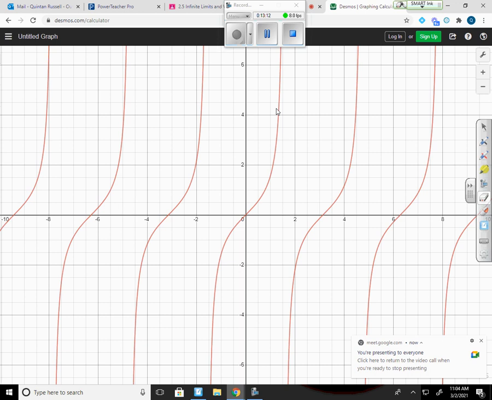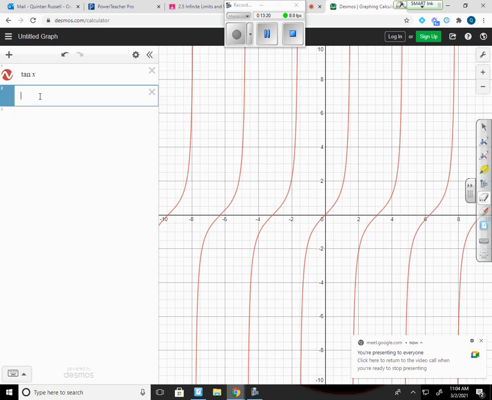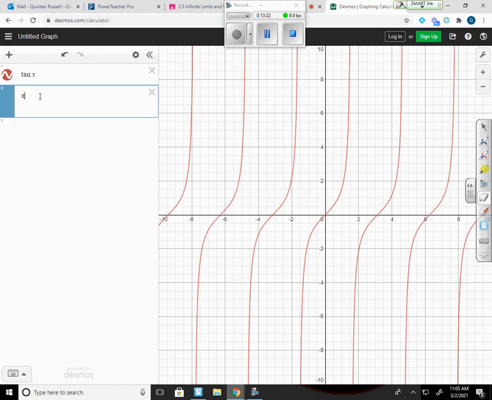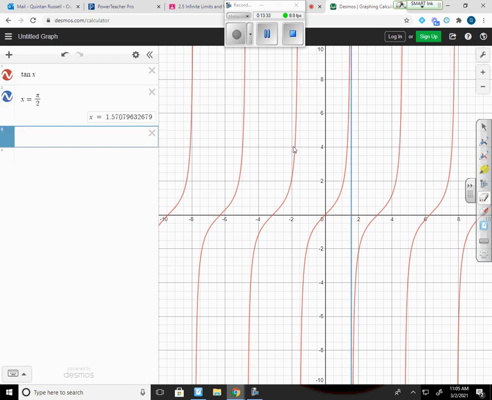So using Desmos, I can look at this much easier. And you can see that I have a line at pi over 2. That's an asymptote. And then my next one, just like before, I have the same thing at negative pi over 2.